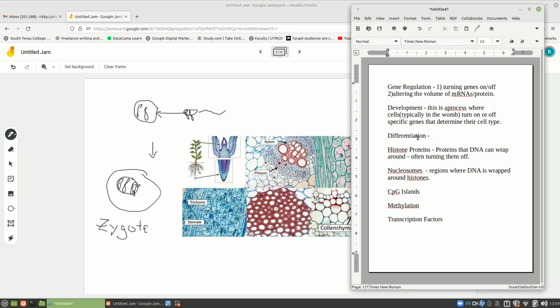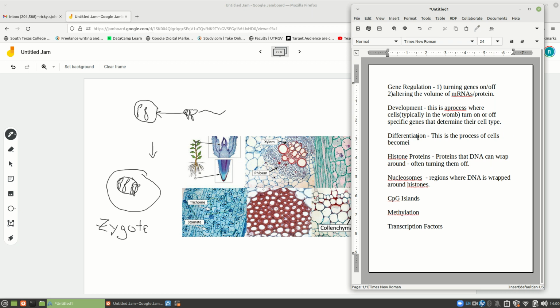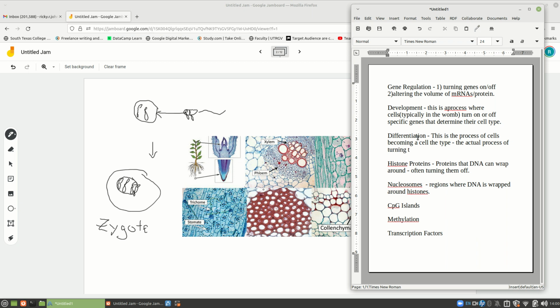Now, differentiation is the process, all right, of cells actually becoming a particular cell type. So in other words, this is where the actual process of turning the genes on and off happens, and we'll talk about how that happens.